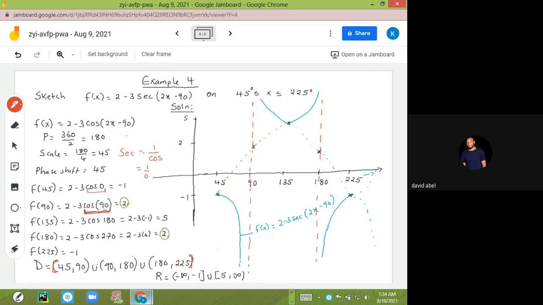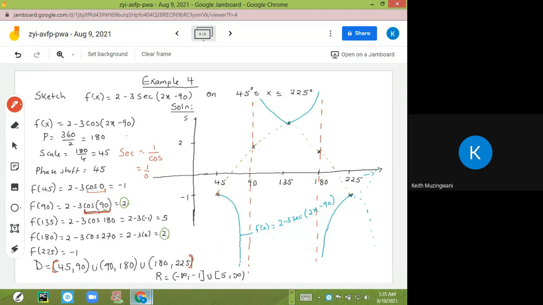So the other one we don't have 0. It's starting at 45. The sine function, the one we drew that side. Just like this guy is starting at 45, is it? Yes. Now, when we use 45 in this function, we'll get 45 times 2, that is 90. 90 minus 90 is 0. So we'll have cos 0. Cos 0 is defined, it is 1. So when cos 0 is 1, sec 0 will be defined as well.